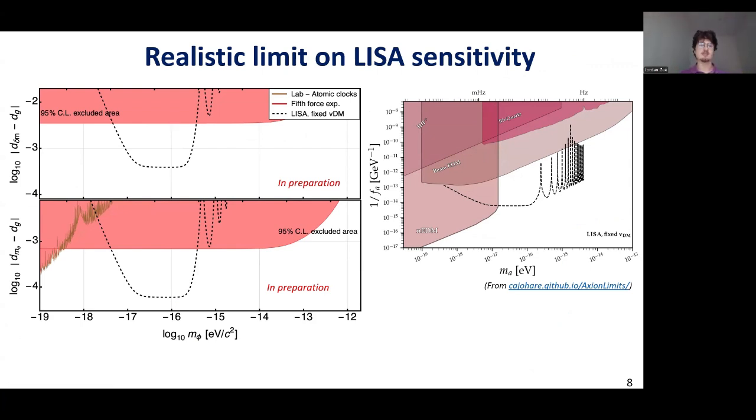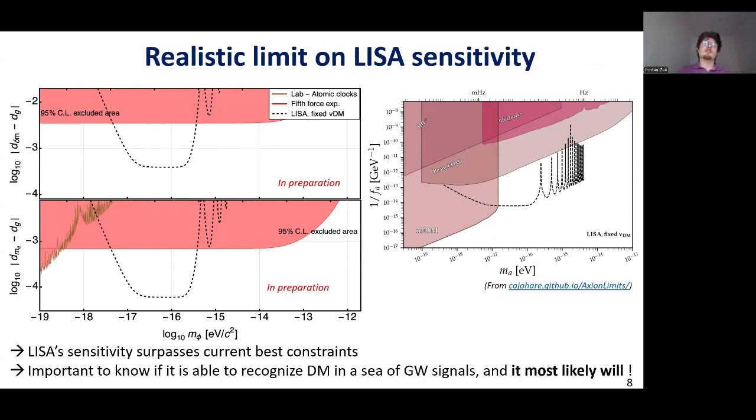And in black, it's the expected sensitivity of LISA. And so you see that in some regions of the parameter space, LISA will be the most sensitive laboratory experiment. And so, of course, then it's important to know if it will be able to recognize dark matter in a zero gravitational wave background. And as I showed you before, it most likely will.